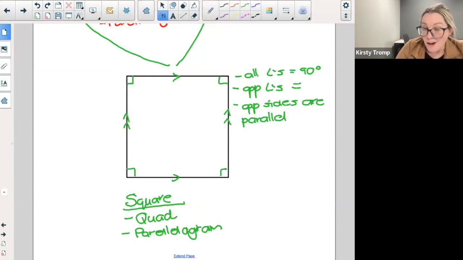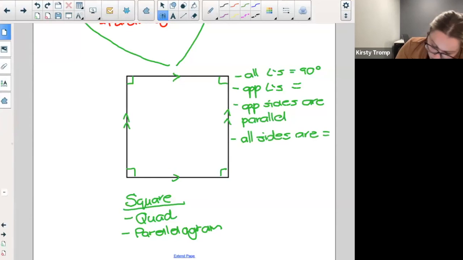And the last thing that we can draw on our diagram here is the one that we can take from the rhombus. It's the property that we're picking up from the rhombus, because actually a square is a quadrilateral, a parallelogram, a rectangle, and it's got some properties of a rhombus. All sides are equal.